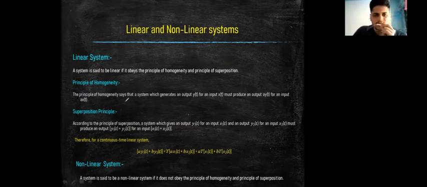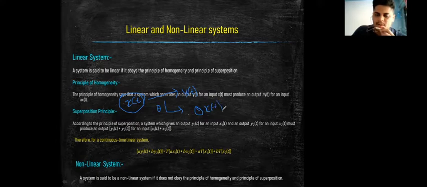Suppose there is a signal named x of t, which goes through a system and gives us an output y of t. Now, the principle of homogeneity says that if we multiply the input with a scalar value, in this case let's take theta, then theta of x of t must give theta of y of t.